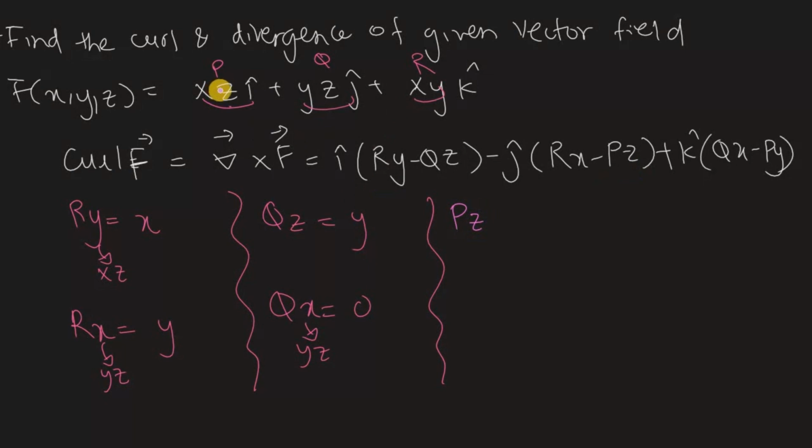So p of z, we're differentiating only z, so this is x. And now we have p of y left only. P of y, this is 0, since x and z are constant over here, right? And these two are x and z, so this is constant, 0.